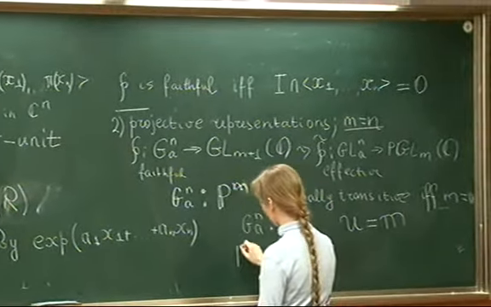So the second theorem of Hassett and Tschinkel is like this.